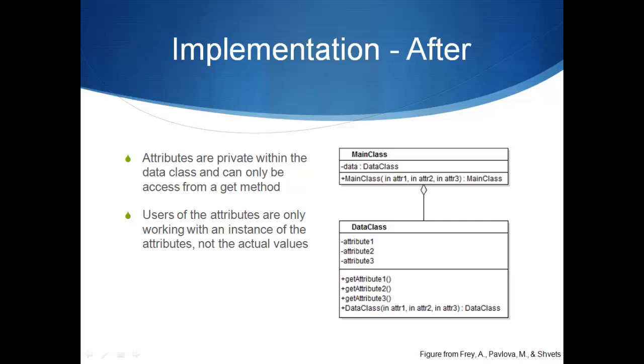So now anything you want to do with the different attributes 1 through 3, you just take method 1, do this, method 2, do that, and they'll call the get methods to be able to add, subtract, display, whatever you need to do with the data. And it's important to remember here that when working in the main class now, you're only using an instance of the attributes. You're not using the actual values.